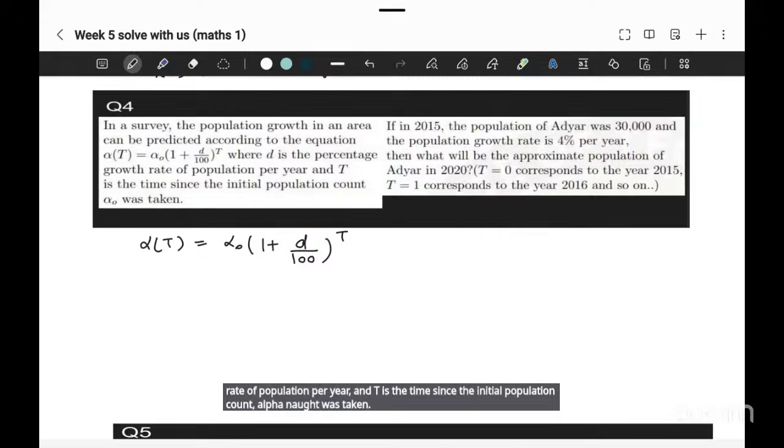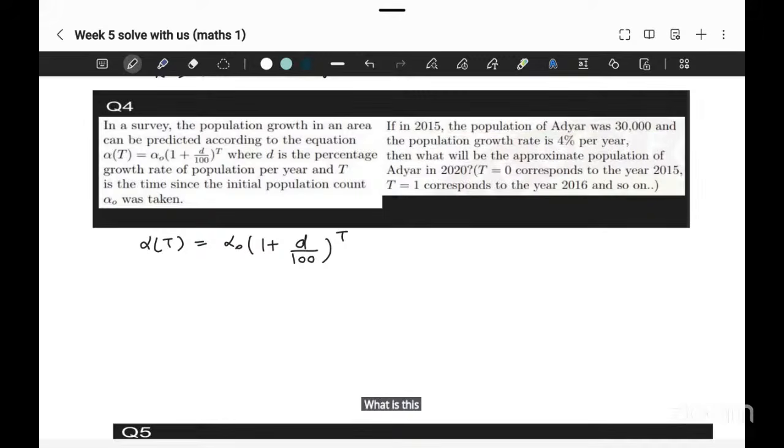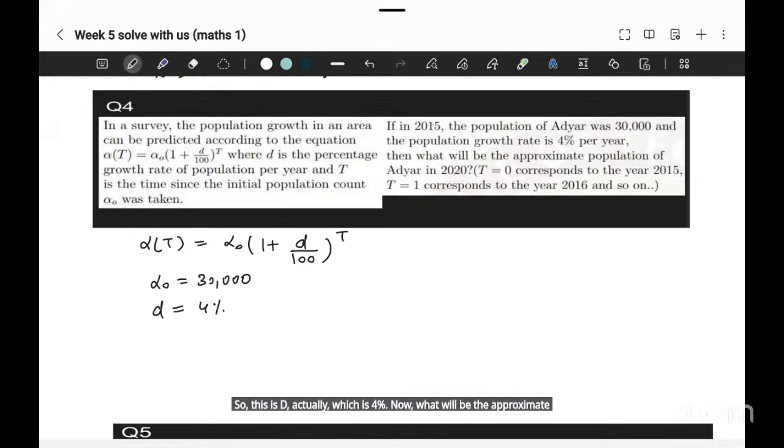The question says in 2015 the population of Adyar was 30,000. It is basically telling me the initial population count, that is 30,000, correct? And the population growth rate is 4% per year. So this is D, which is 4%.